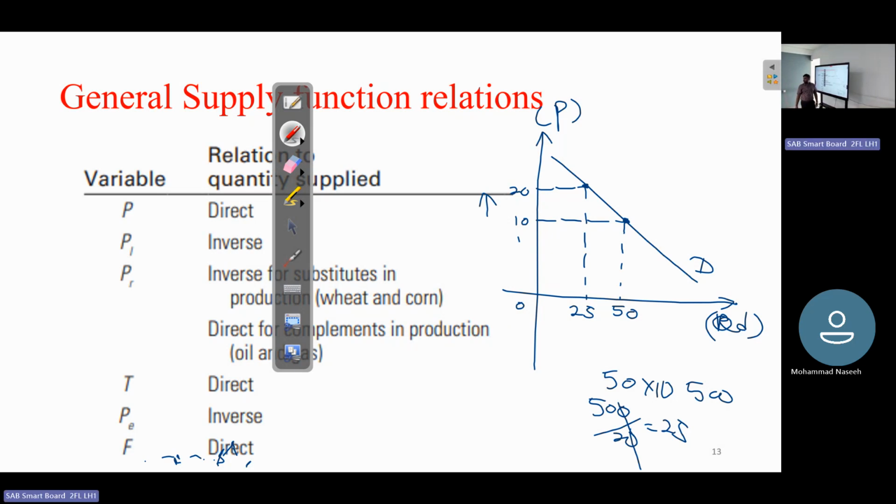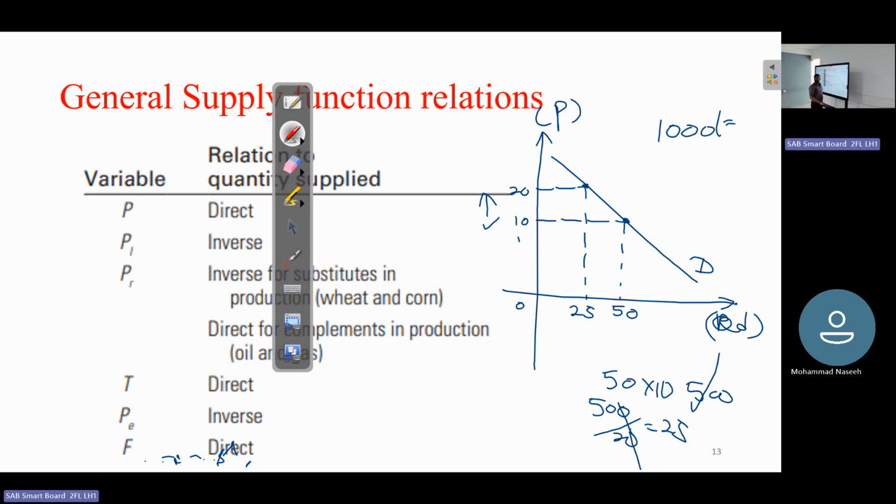Now assume you change the income. In this situation, what is the consumer income? It is 500. Let's change that value to 1000. Income 1000.